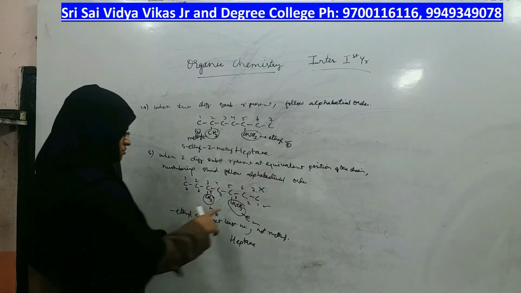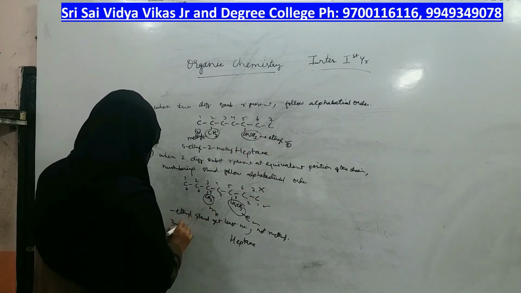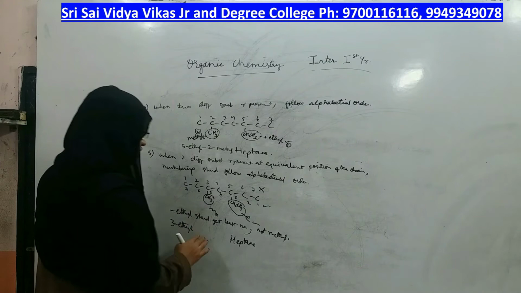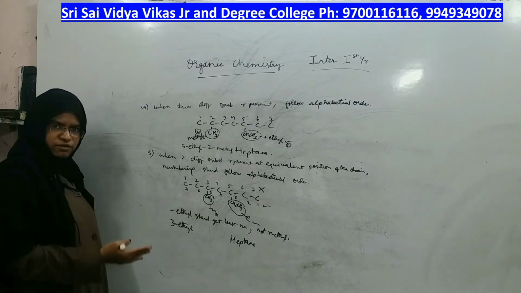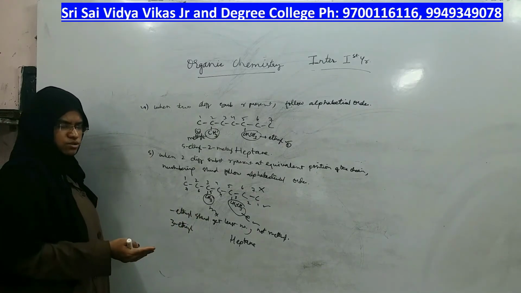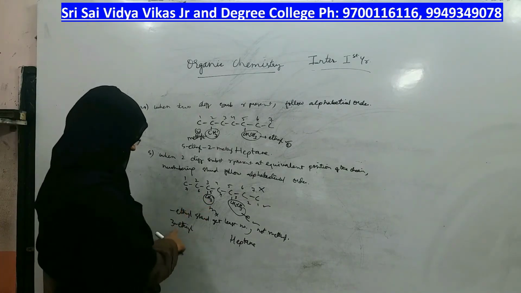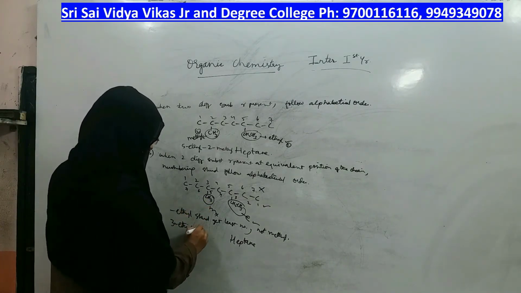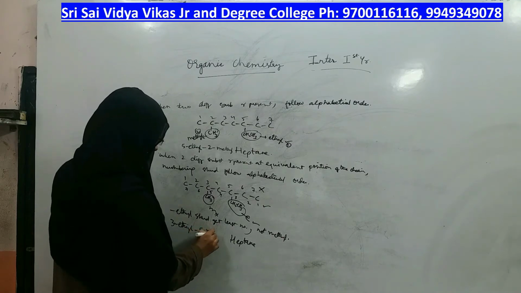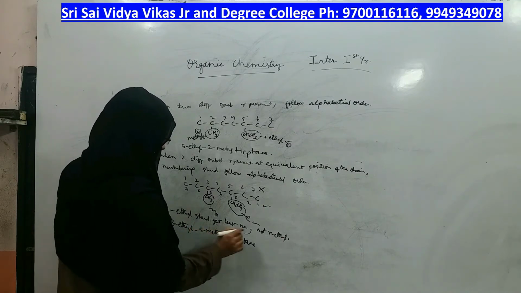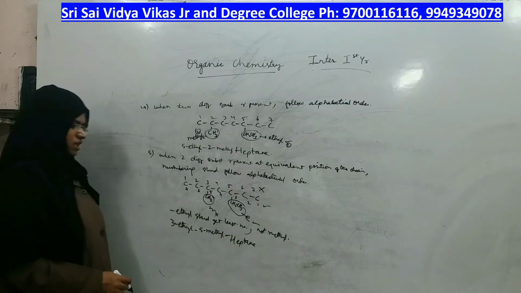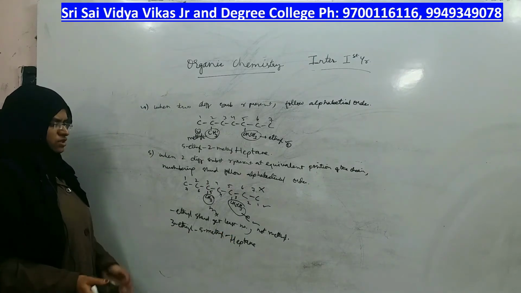So its name should be written as 3-ethyl. While writing also you should follow alphabetical order. While numbering also you should follow alphabetical order if they are at equivalent positions. 3-ethyl and 5-methyl heptane is the name of this compound. Right. This was the 5th rule.